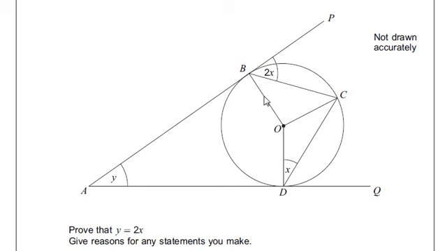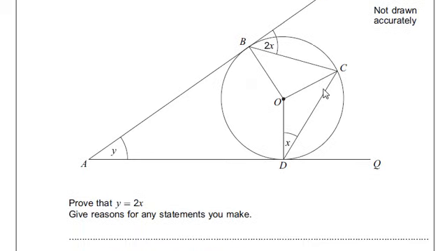And because this is 90 minus 2x, and again radius, that makes BCO 90 minus 2x. Now we've got this angle, and BCD is actually x plus 90 minus 2x, which is 90 minus x. So this is 90 minus x.